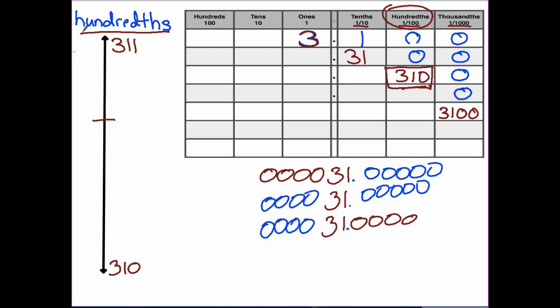Now, yesterday in my class, we talked about the fact that when you go from one place to another, you're going up 10 every time, right? But what if you want to go halfway between that? What's half of 10? 5. So we have our hero who's 10 and its little kid who's 5. So you start with your bottom number, which is 310 hundredths.